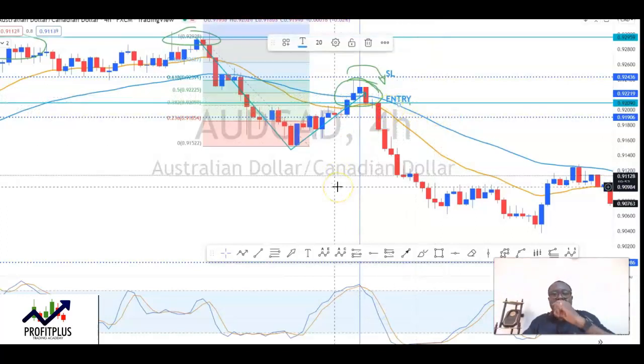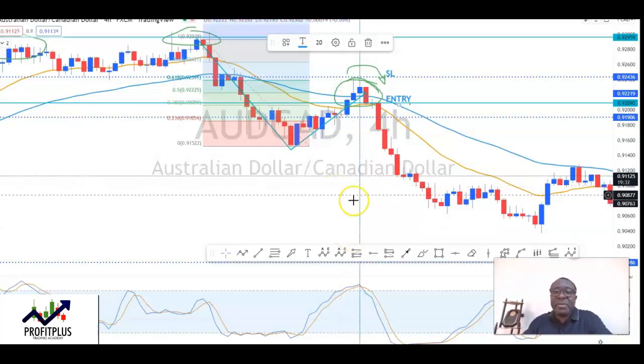All right, so how am I going to locate my take profit? My take profit will be a function of the stop loss and then some structures that we're going to see in the market. I usually take profits about 2 times or 3 times, sometimes 1.5 times my risk.